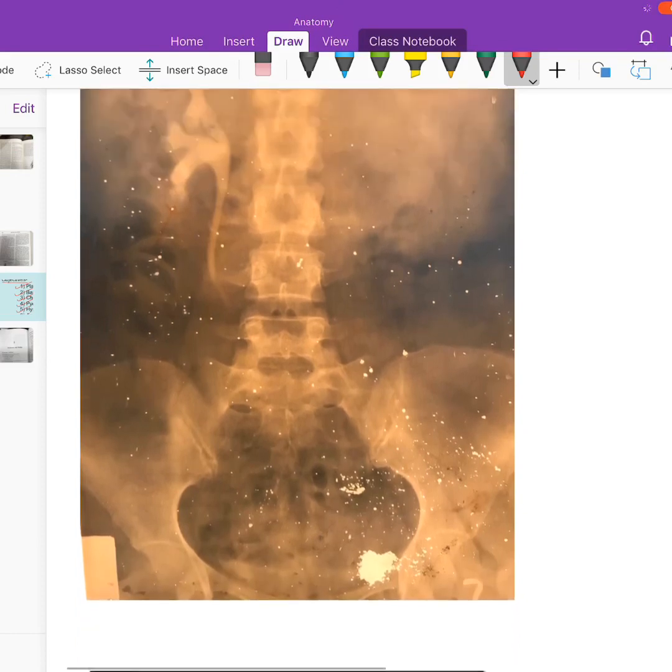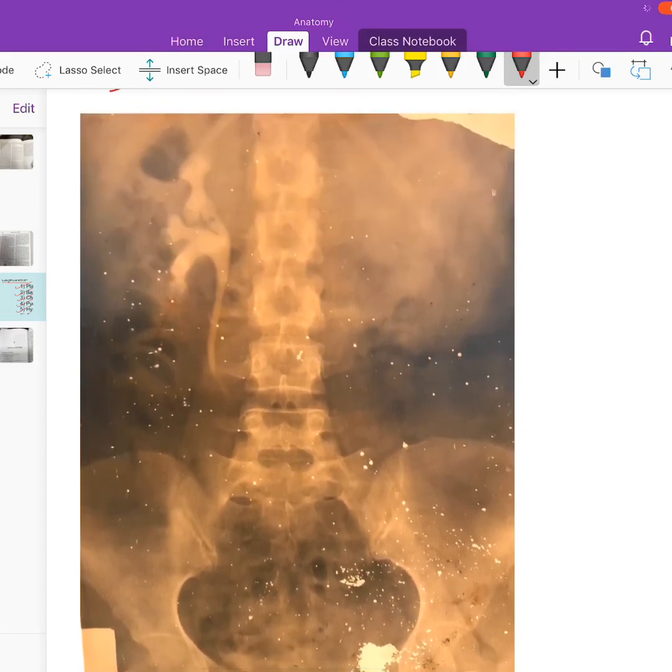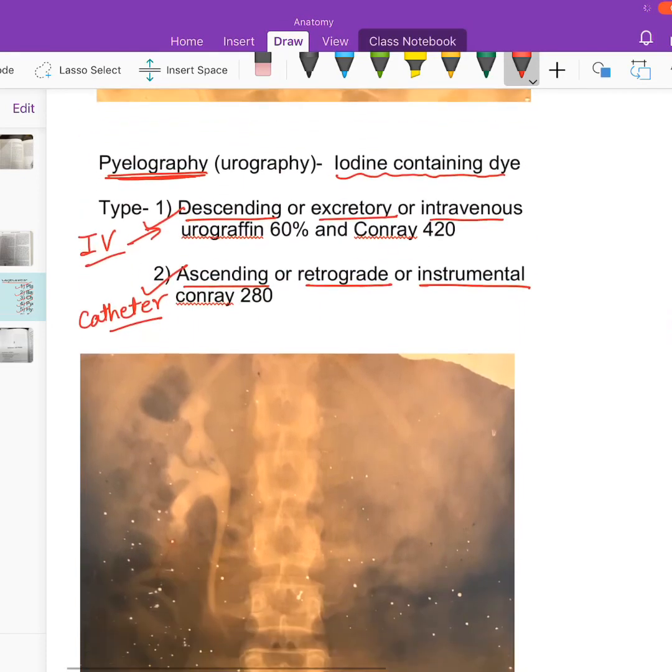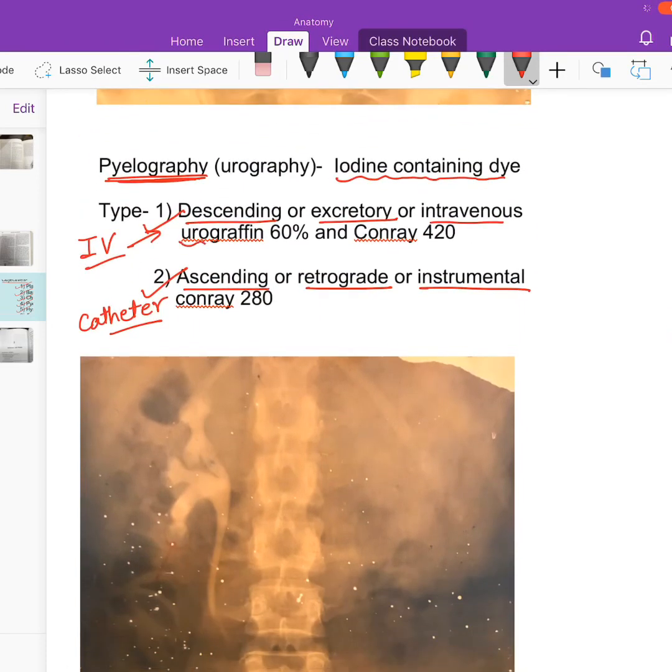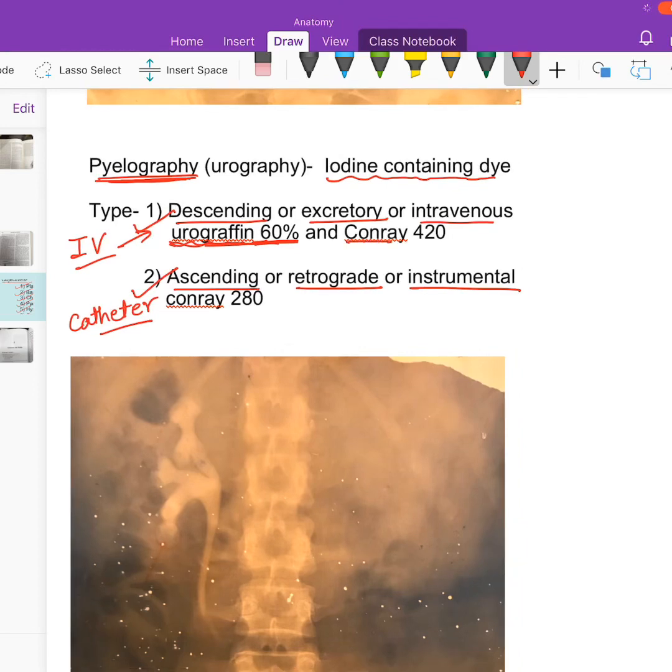Now come to the radiograph. This is a descending pyelogram, or we can say intravenous pyelogram. Here we use a warm iodine compound like Urografin 60% and Conray 420.